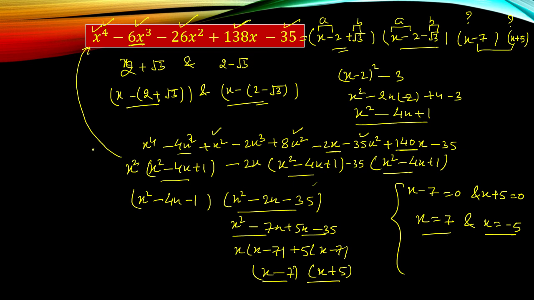So this process is also useful in the examination. We can use this process in the examination. If we are not writing this step in the examination, we can write the remaining things properly, like product of the factors.